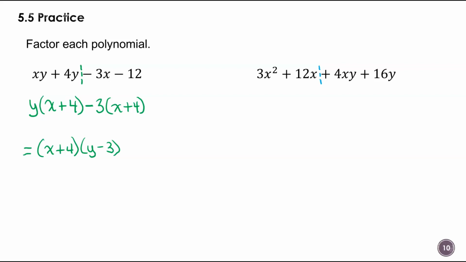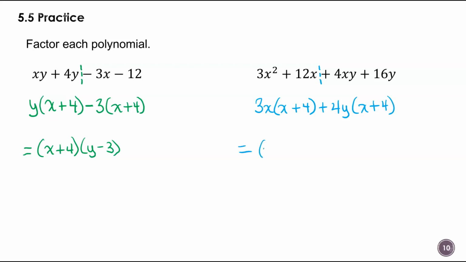So for the first 2 terms, my common factor would be a 3x, and that leaves me with x plus 4. And then for my second group, my common factor is 4y, and then I'm left with x plus 4 once I divide both terms by 4y.